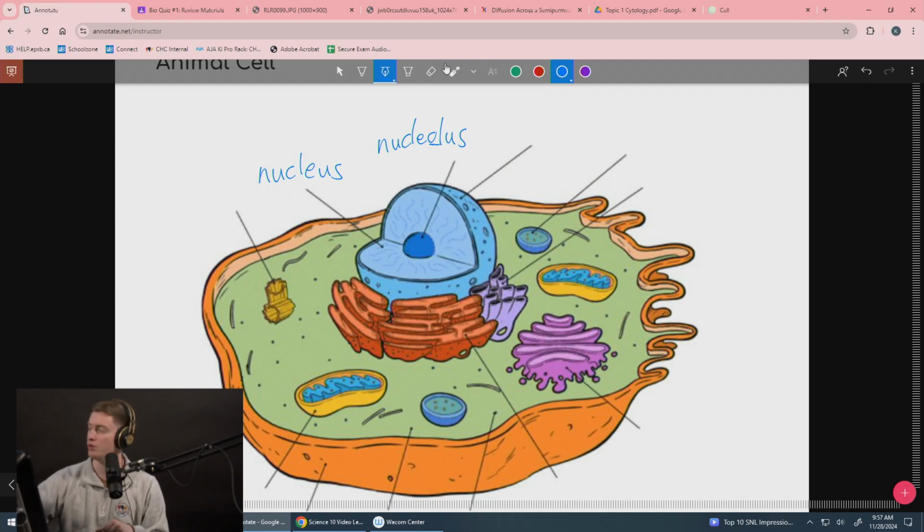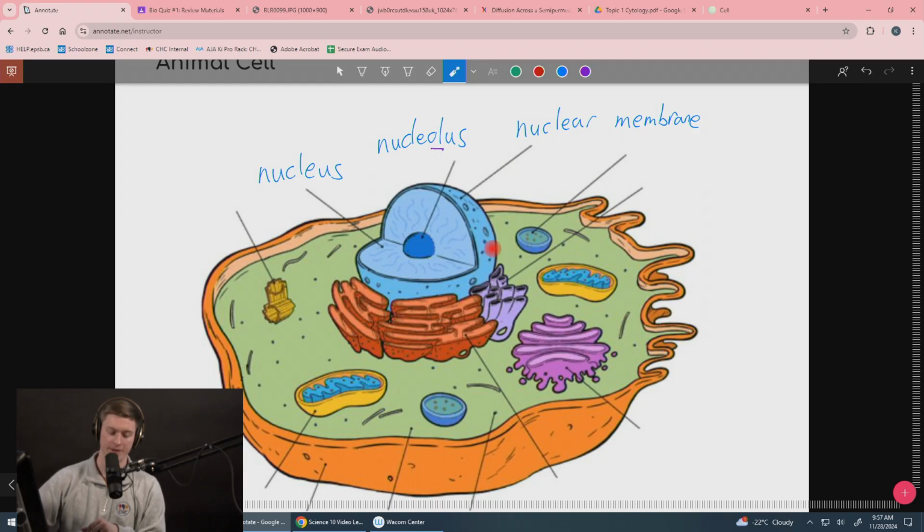The nucleolus. I'm going to underline that in a different color. Two very similar sounding words with a similar location. We'll see in a couple pages they've got a slightly different function. Then on the outside here, we're going to call this the nuclear membrane. You may see the word nuclear envelope used. Those are synonyms with each other.